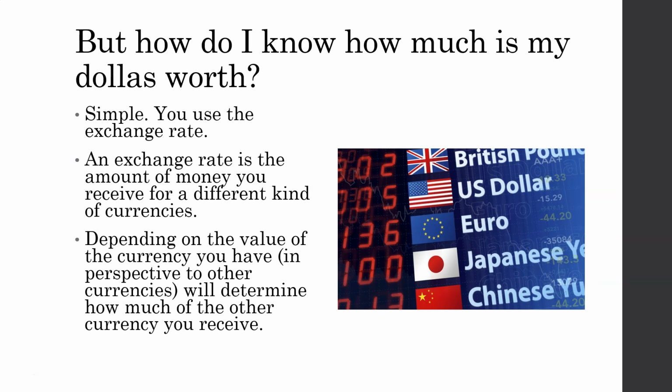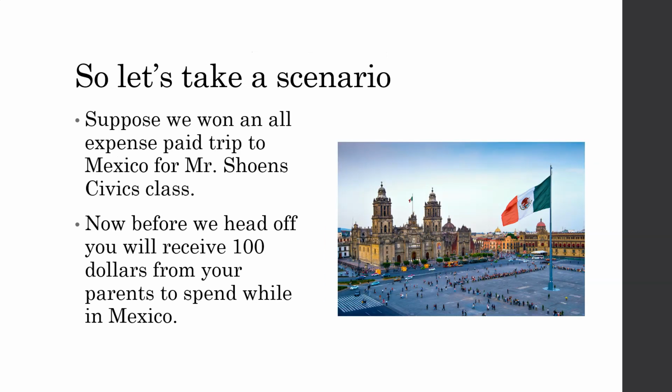You use something known as an exchange rate. An exchange rate is simply how much a certain money transfers into another money. And depending on the value of the currency you currently have in perspective to other currencies will determine how much of the other currency you will ultimately receive. So I'm going to give you a hypothetical situation here, and you have a worksheet that you'll be working on later about converting currencies. It's really super simple.